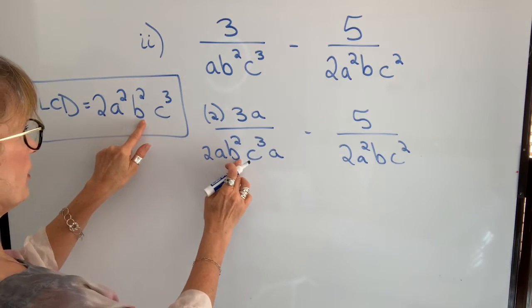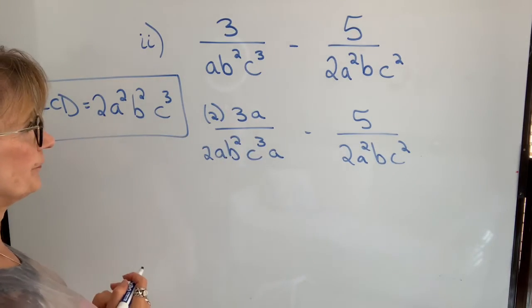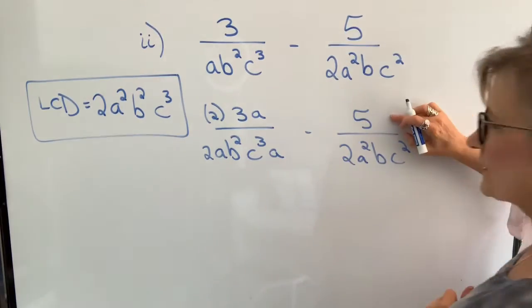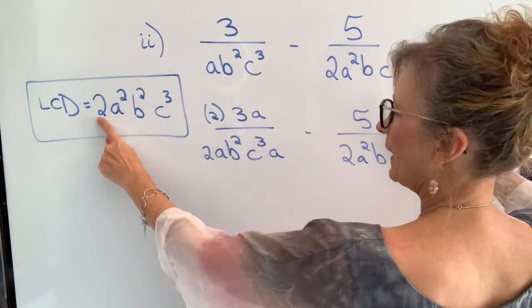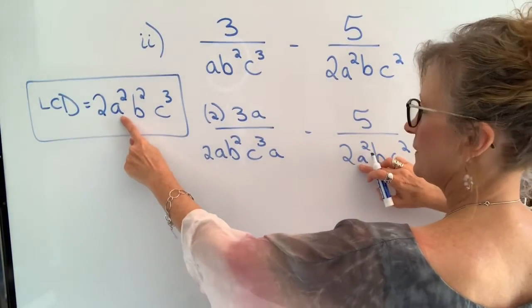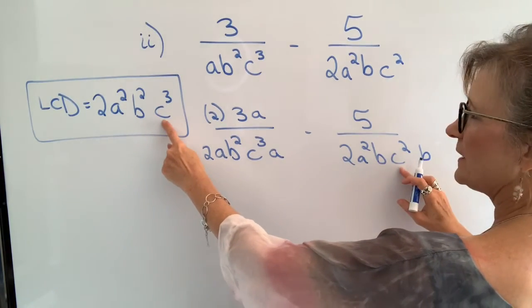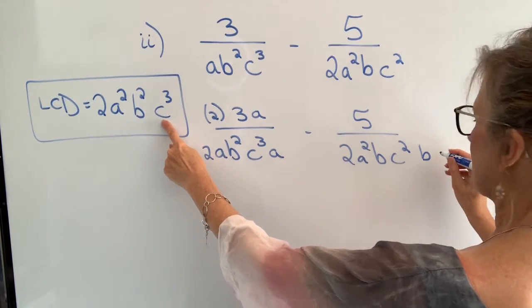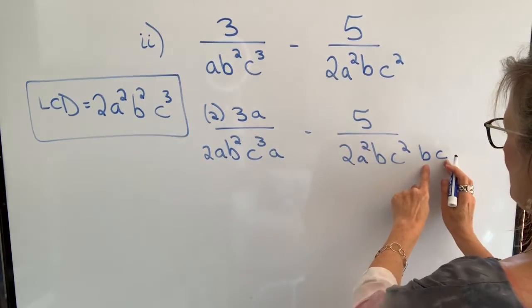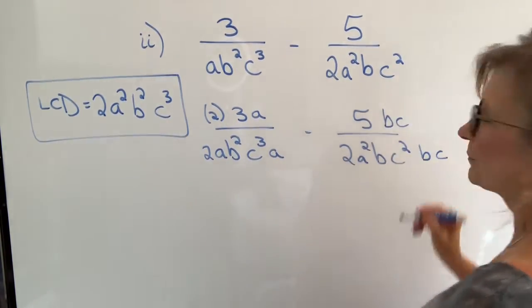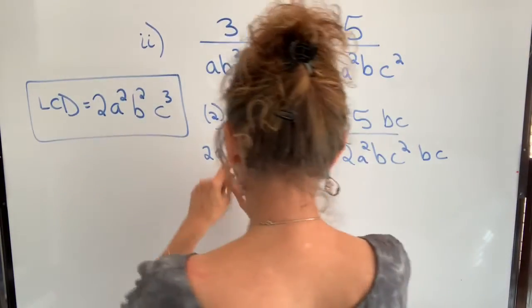I have the b squared factor, I have c cubed factor. With this fraction, I have the factor of 2, I have a squared, I have b, I need b squared, so I multiply by b. I need c cubed, so I multiply by c. And whatever I multiply the denominator by, I multiply the numerator by the same thing. Clean it up.